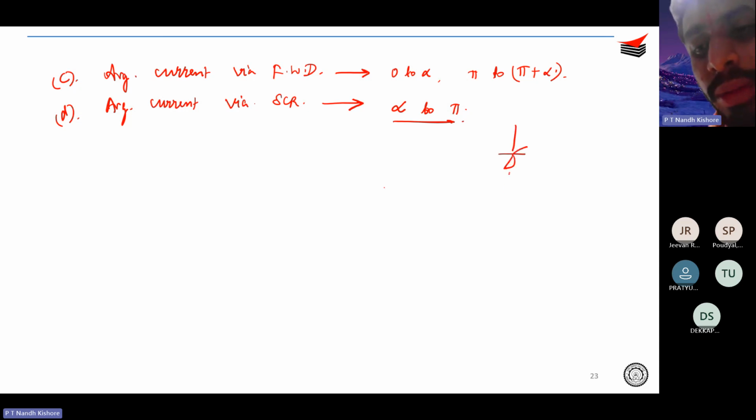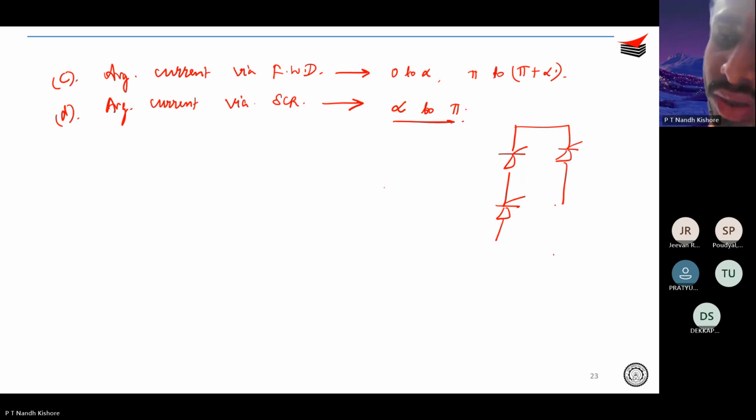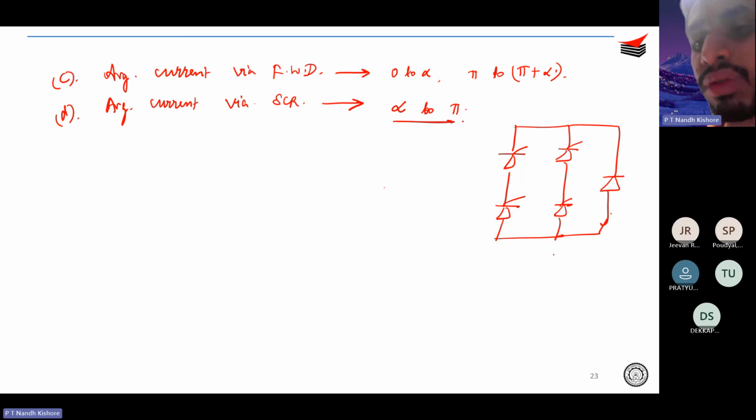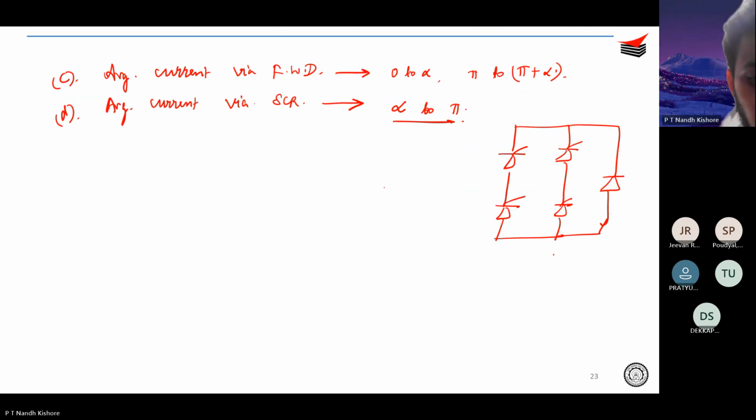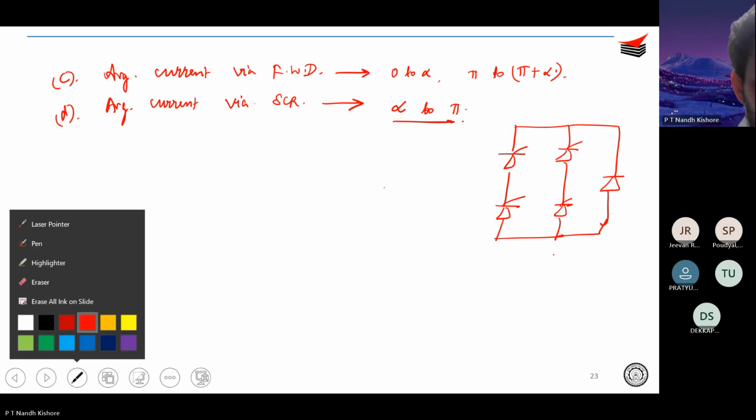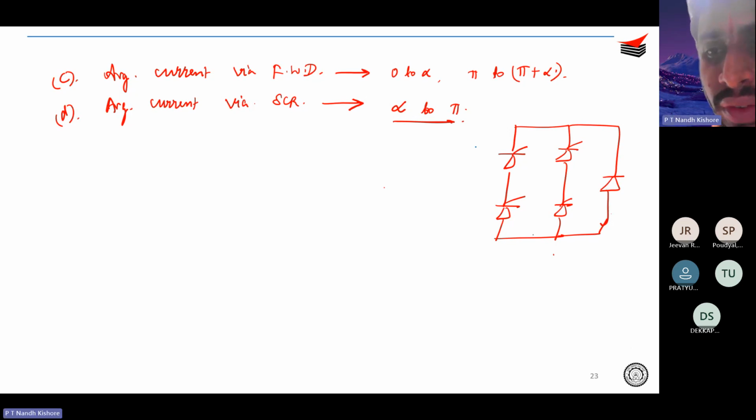If you see the normal operation, this was your circuit. You will see that this will conduct from alpha to pi. This will be from pi plus alpha to 2 pi. This will also be from pi plus alpha to 2 pi.